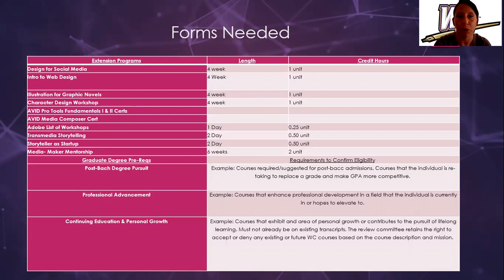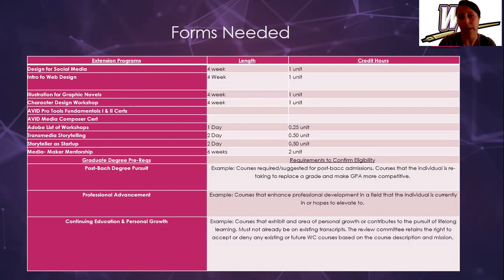So a lot of these are computer based, and they're non-traditional semester. So it would be 4-week, some of which are 1 day, some of which are 6 weeks. And those, again, the cost and the application process goes a little differently. But this is essentially something you could use to confirm eligibility and compile these units in conjunction with other units that would be qualified as career progressing.